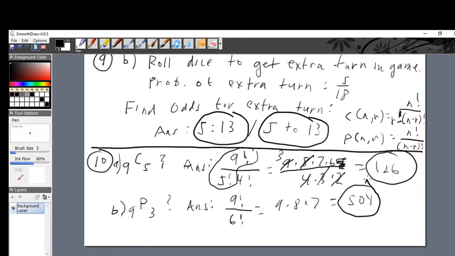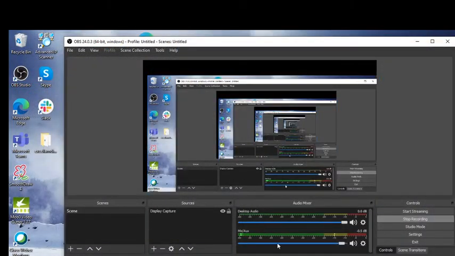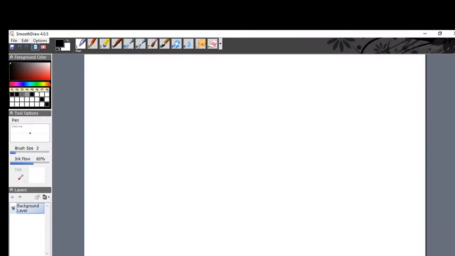That's problem number 10, new piece of paper. Okay, let's go to problem number 11. Problem number 11. A is a set. What is it the set of? Integers.